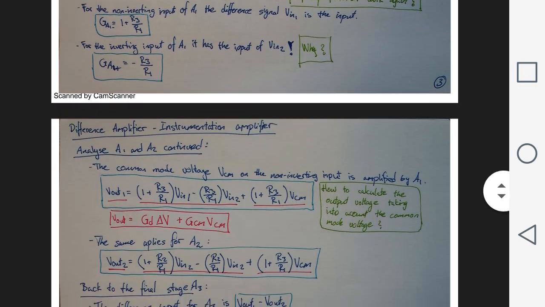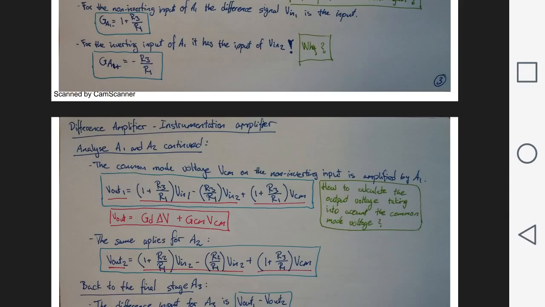We also know that the common mode voltage on the non-inverting input is amplified by A1, so we write an equation for the output of A1 and end up with this equation: the differential gain times the differential voltage plus the common mode gain times the common mode voltage.